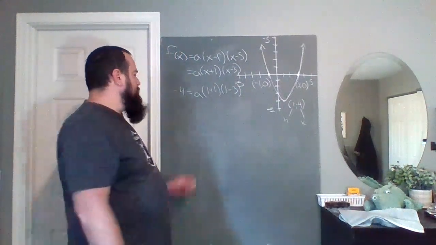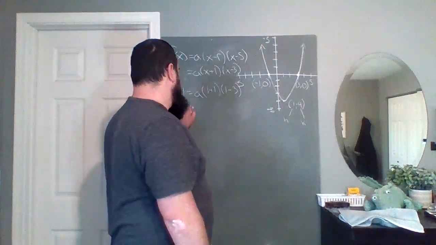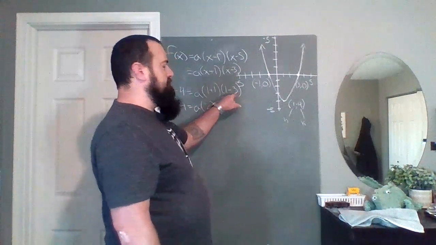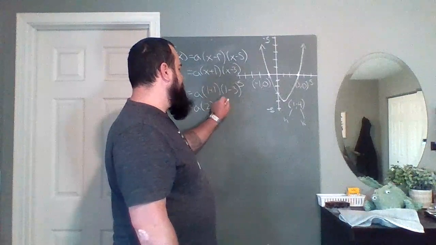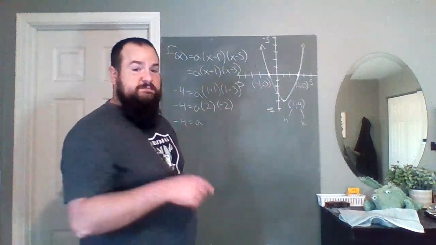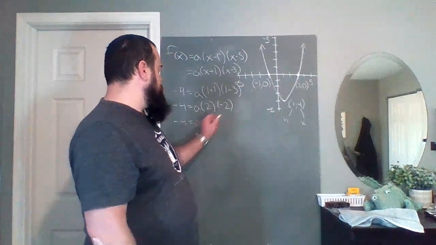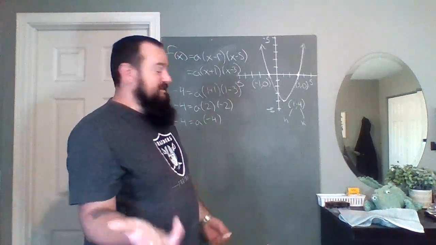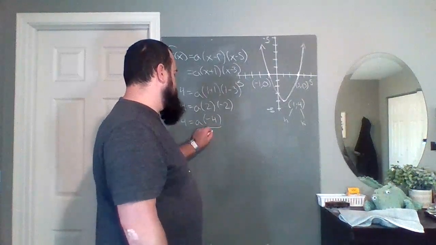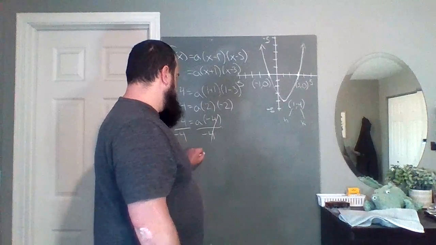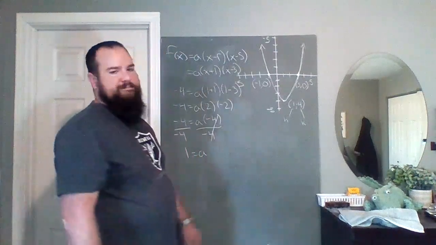Okay, so now we want to go through and simplify. 1 plus 1 is 2, and 1 minus 3 is negative 2. We're going to simplify one more time where we have 2 times negative 2, and that's going to give me negative 4. Lastly, we just divide both sides by negative 4, and we get a equals 1.